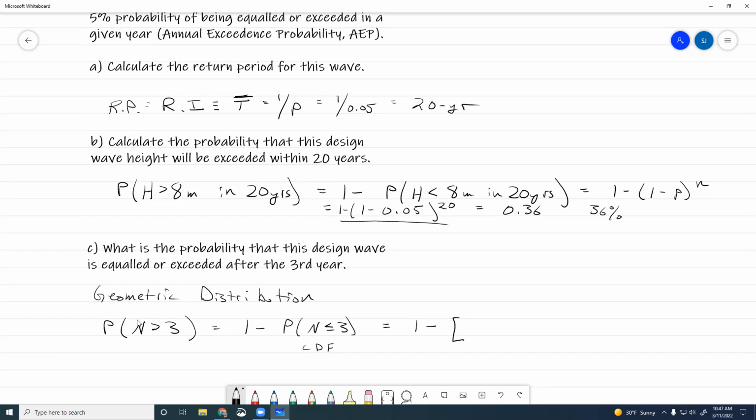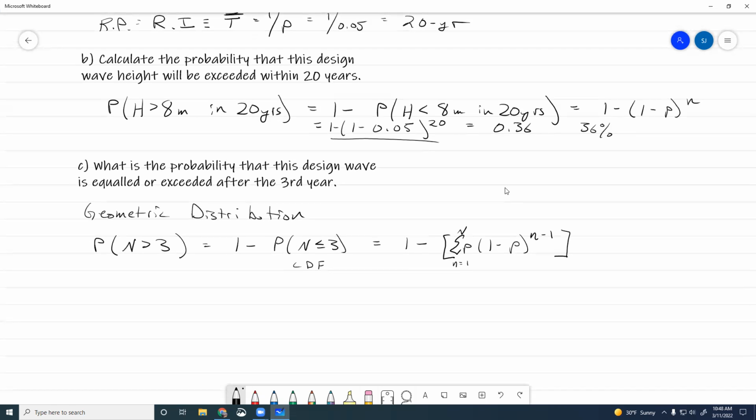And so the geometric distribution is p times 1 minus p to the n minus 1. And so we're just going to have to sum that up for little n to big N. So we can write that out.